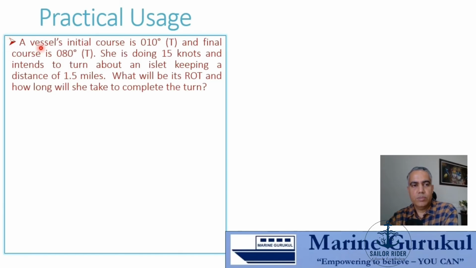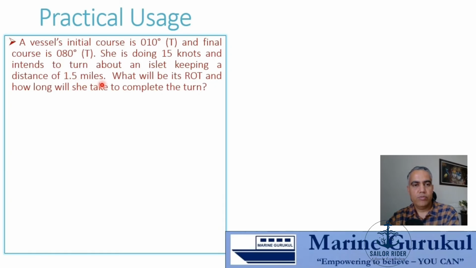We have a vessel which is moving on an initial course of 010 degrees true, and the final course is 080 degrees true. She is doing 15 knots of speed and she intends to turn about an island or islet, keeping a distance of 1.5 miles.